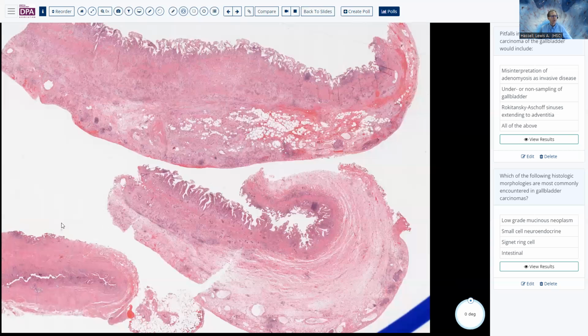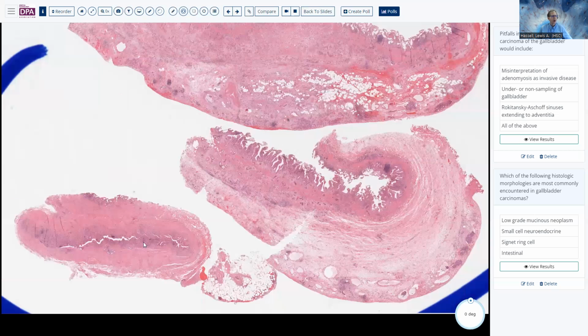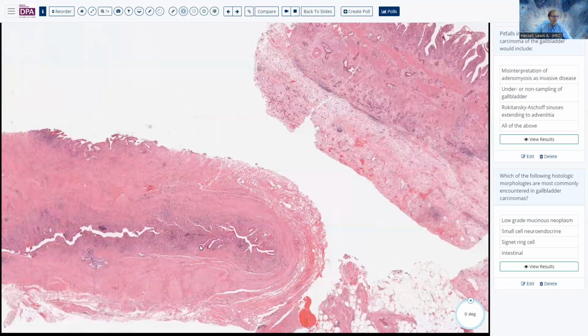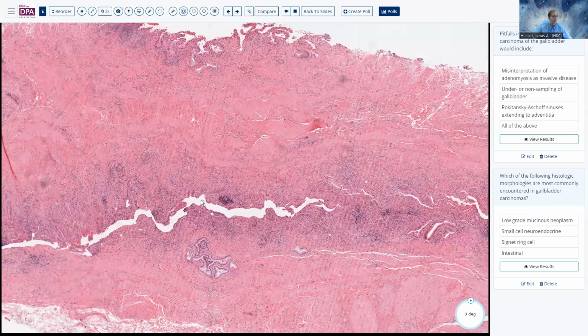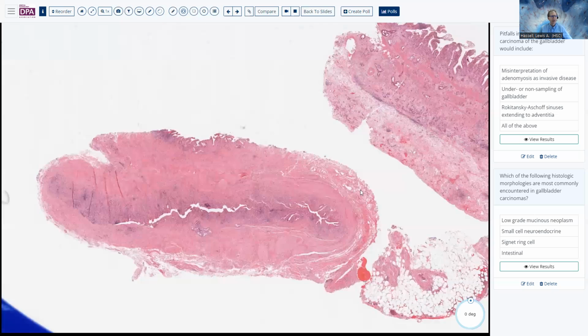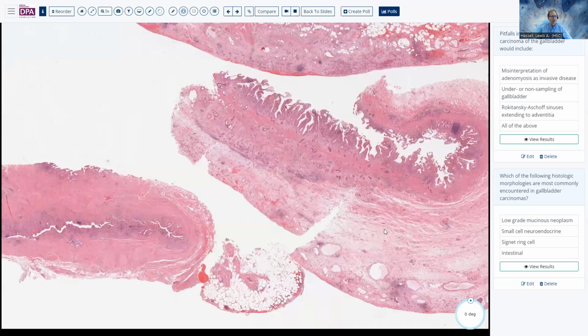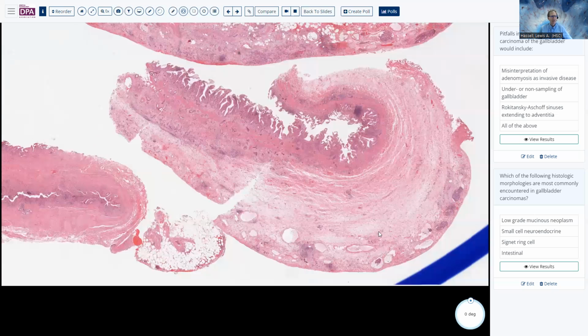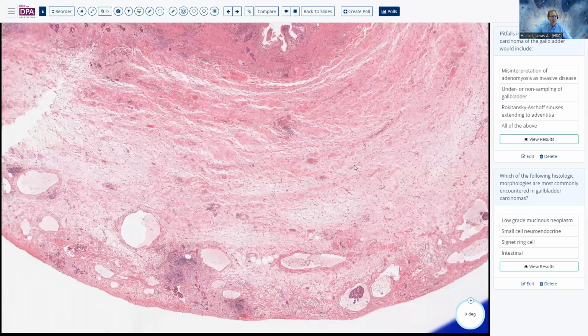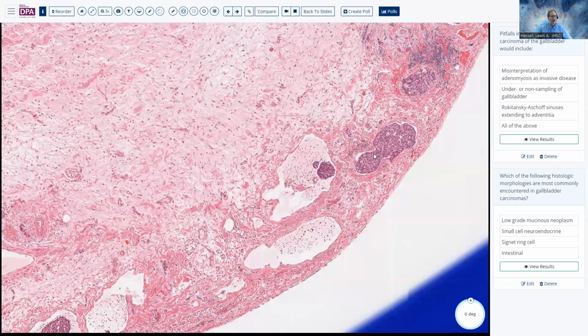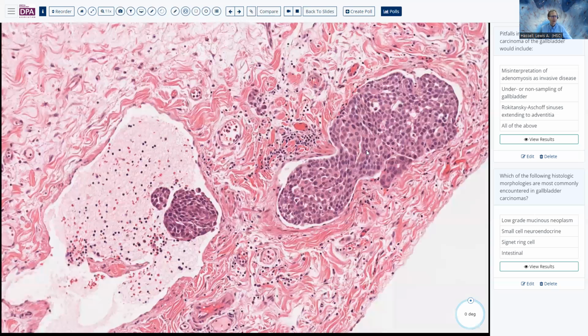Of course, it's always good practice to take the cystic duct margin to make sure that you're not going to have a cancer extending to that part of the margin, and sample any lymph nodes, as that may also help you. Now, is this metastatic or primary gallbladder carcinoma? Well, there's no specific marker that will tell you, hey, I began in the gallbladder or even in the biliary tract.